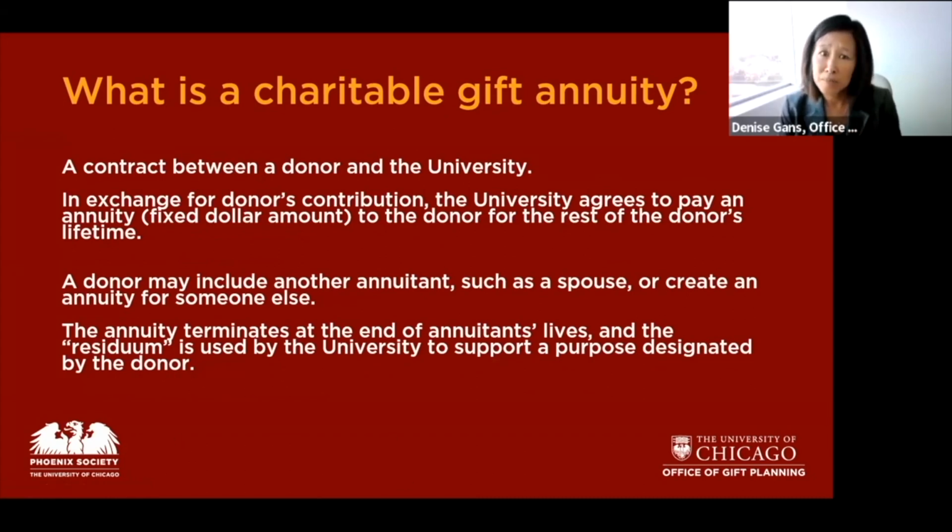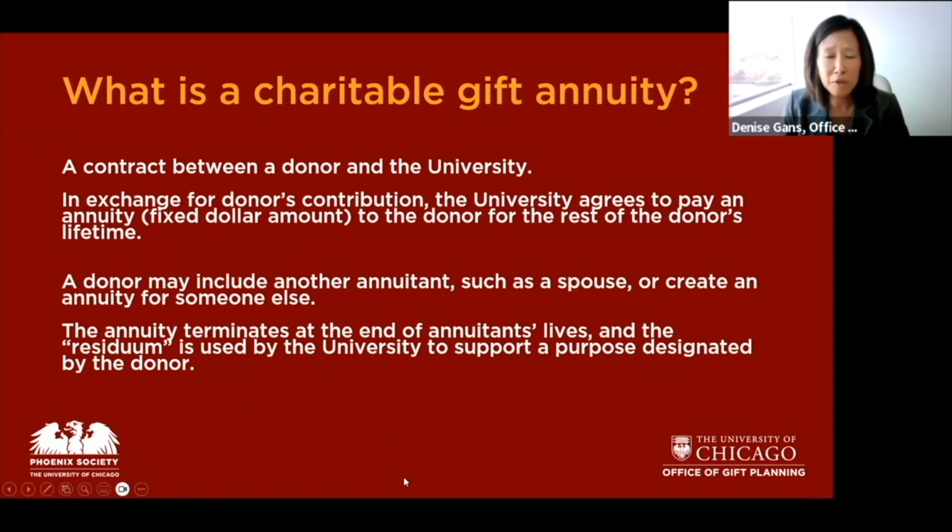So to start, what is a charitable gift annuity? It's a contract between a donor and the university. In exchange for the donor's contribution, which is usually of cash or publicly traded securities, the university agrees to pay an annuity, a fixed dollar amount that won't change over time.